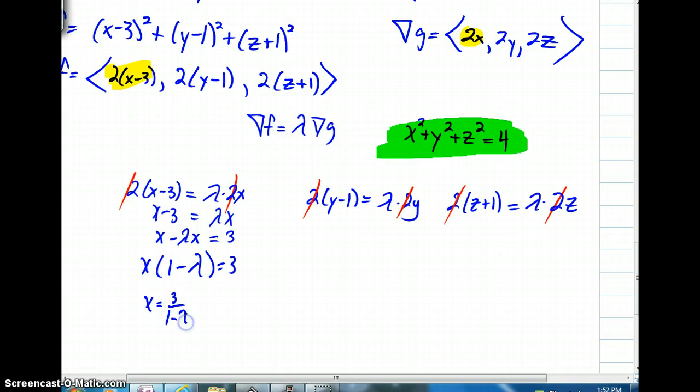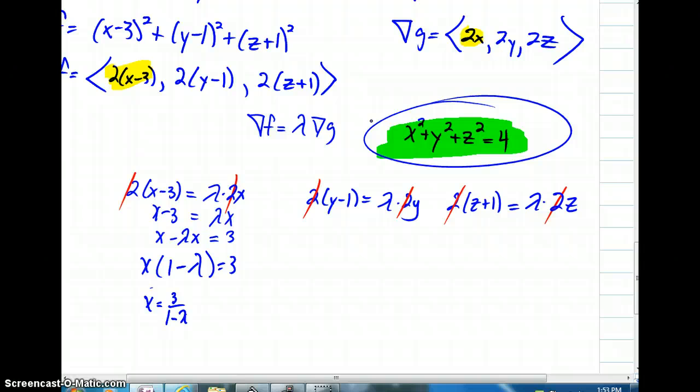He would solve for x with respect to lambda. He would do similar work with y and z, solving for lambda, and then he would substitute all of these x, y, and z expressions back into our green highlighted constraint equation. And that's fine. It's something that you can see in our book, page, I think it was 985. It's rather messy, to be honest with you, but it's certainly something that you could do.